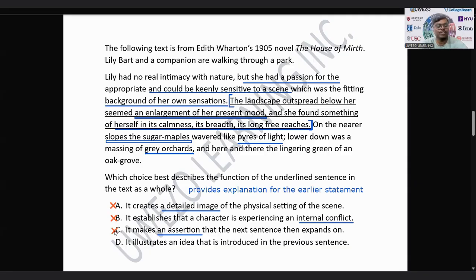That leaves us with option D, which says it illustrates an idea that is introduced in the previous sentence. So the previous sentence makes a statement, as we have written in our answer, and the underlined sentence provides an explanation that matches with illustrates an idea. Okay, so the right answer for us has to be option D. So this is the way you can deal with part-to-whole relationship questions.